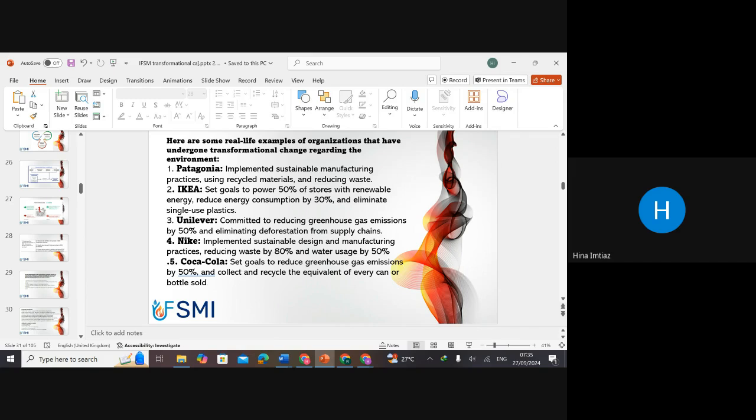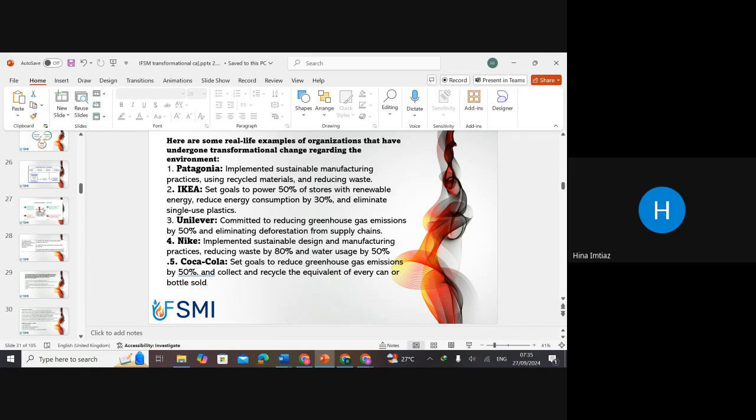Transformational change is very important because it's the need of today, because the environment is suffering from solid waste, from air pollution, from global warming, from greenhouse gas emissions, from ozone layer depletion, from climate change, from floods, from storms. So these transformational changes are today's need. We must adopt these types of transformational changes so that our environment will improve. We can boost the quality of human life.